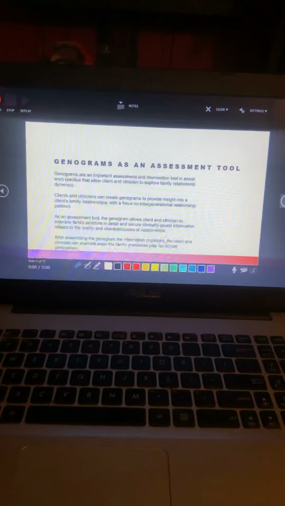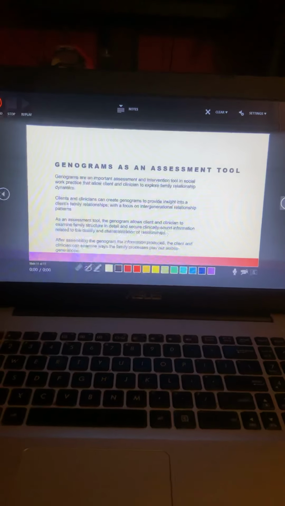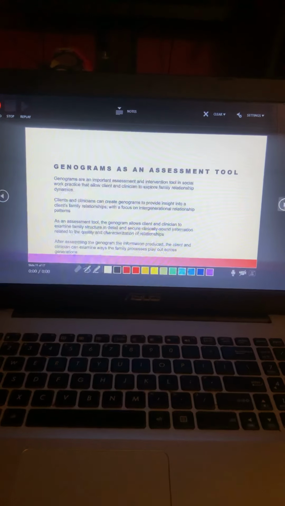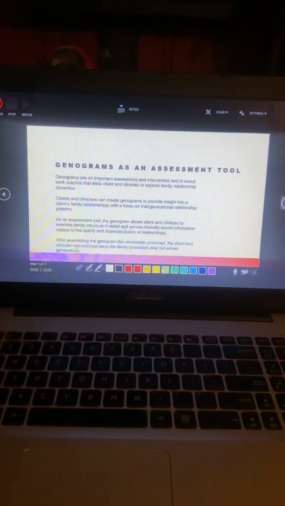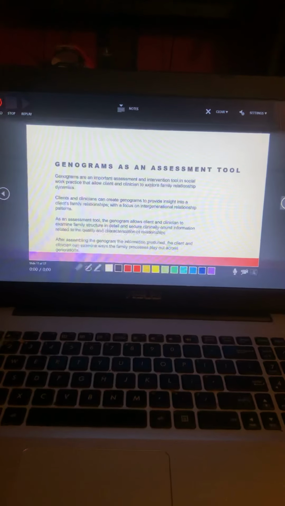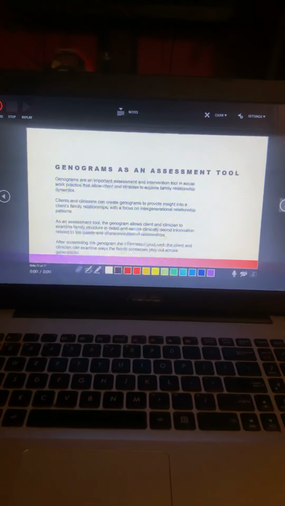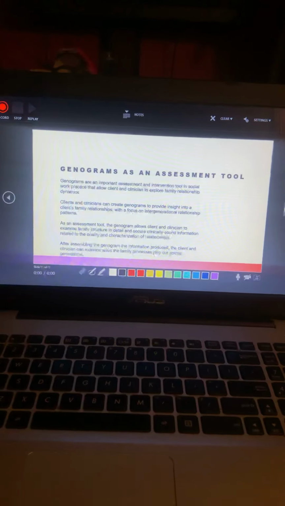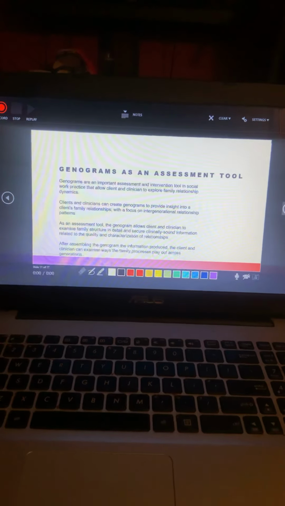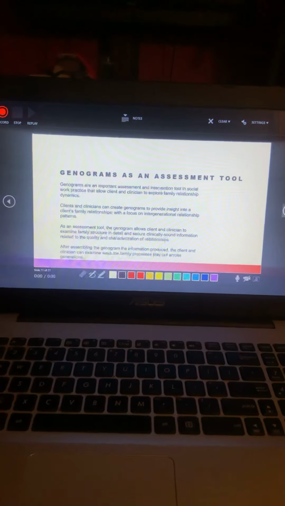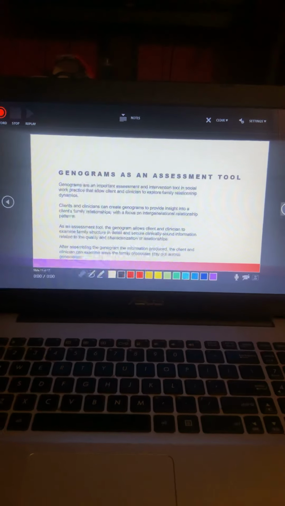The genogram allows clients and clinicians to examine family structure in detail and secure clinically sound information related to the quality and characterization of relationships. So it definitely gets into the depth of the family structure and the dynamics, and that's what a genogram will do.